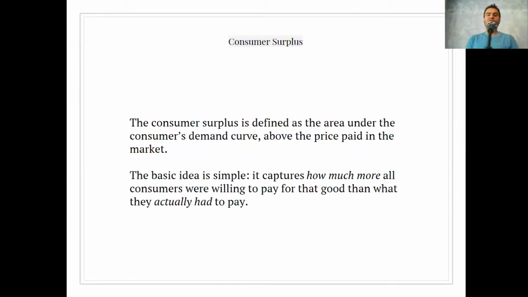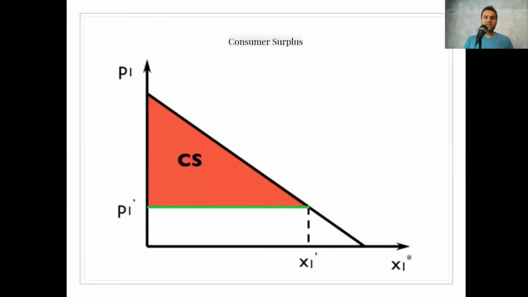So basically, the consumer surplus is essentially just the area under the consumer's demand, but above the price. Let's think a little bit about what this means, and it's the idea in the second bullet of this slide. Let's look at this graph. The area above the price, but below the demand curve.